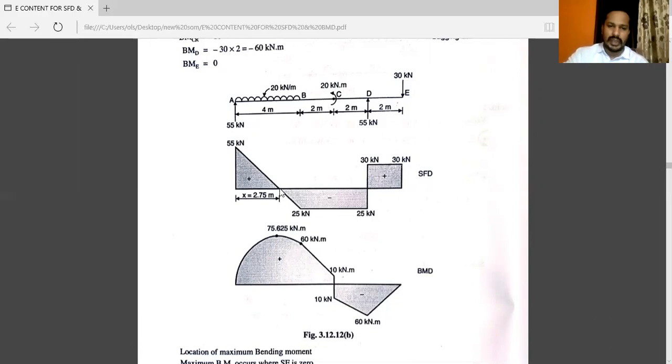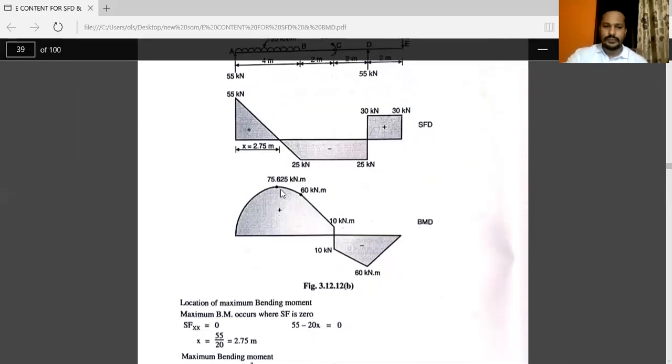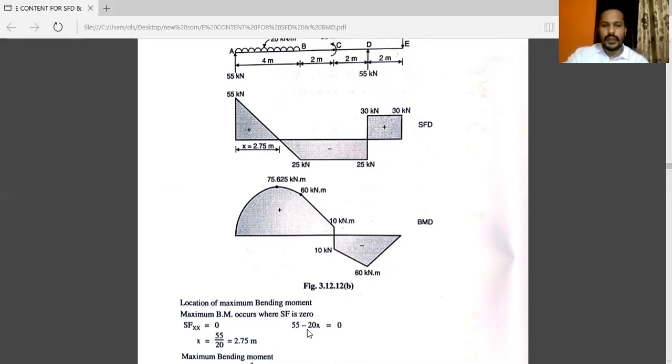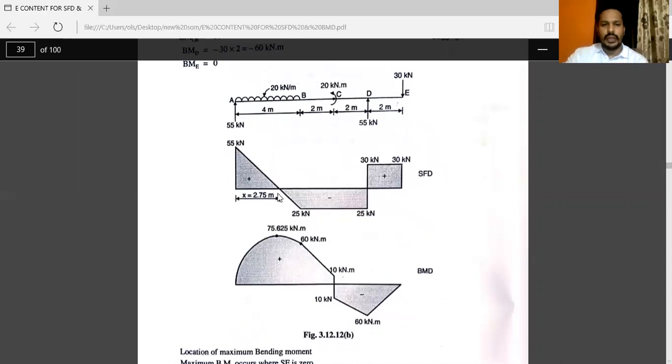You know how to draw SFD and BMD. Here you can see the maximum bending moment. We know how to calculate this point. Shear force is equal to 0. So 55 minus 20x is equal to 0. You will get the value of x. Here you can see, you can extend this point here.